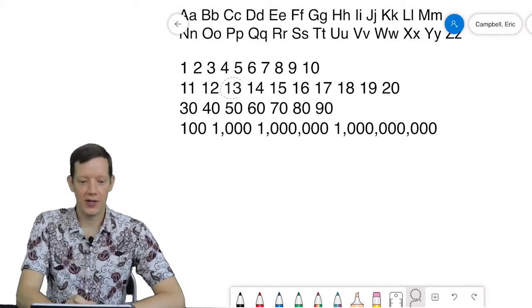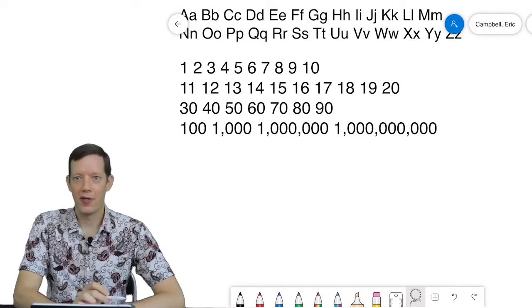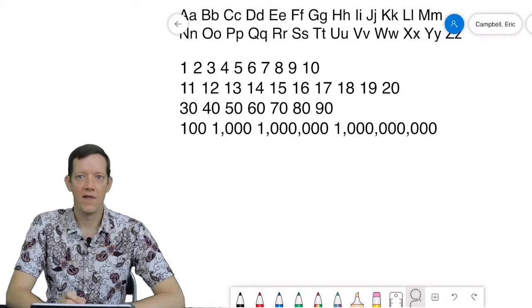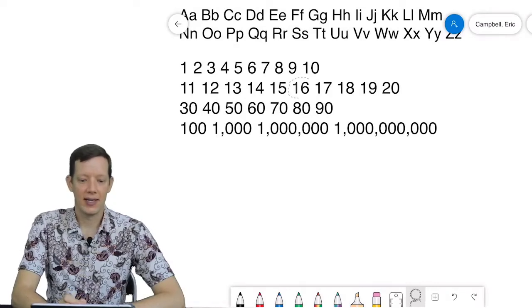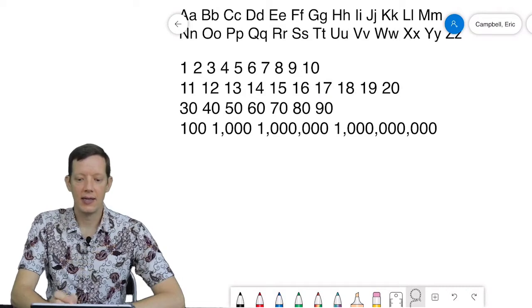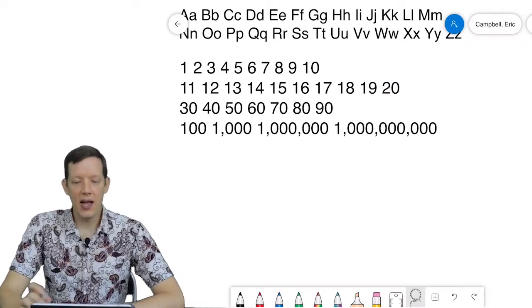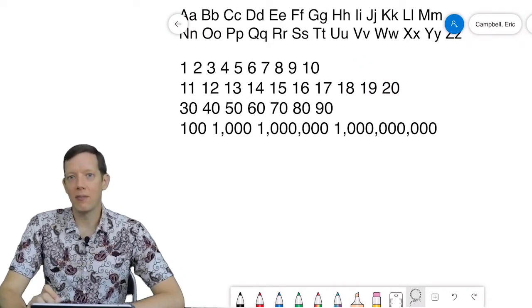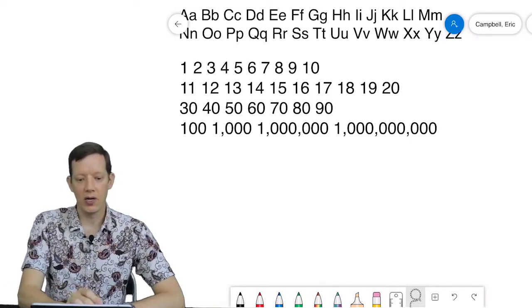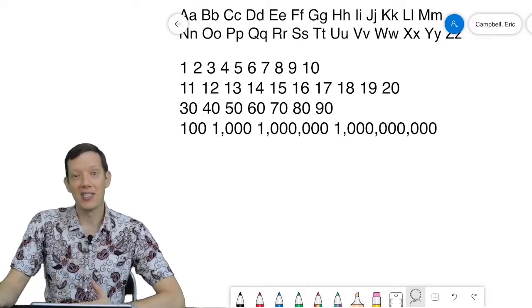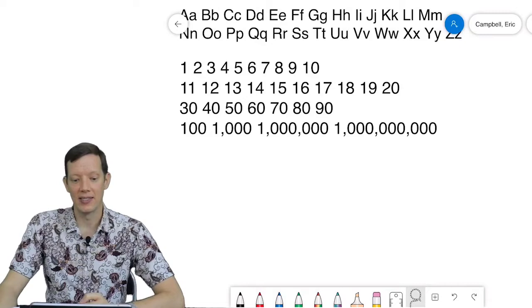This is 13, not 3 teen. 14, 15, not 5 teen. 16, 17, 18, 19, and 20. All right, so as you can see, many of those don't have the same name as the number that we talked about above, and that's just a special case for the teens.